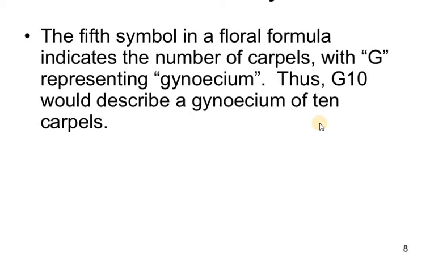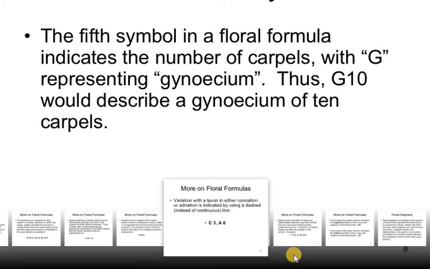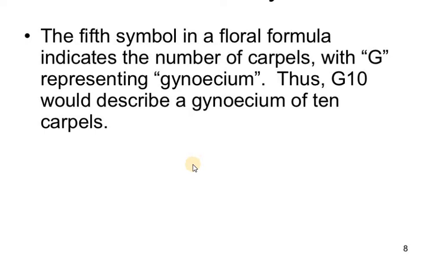If you put a dash below, gynoecium is superior. And if you put a dash at the middle of the G, that represents perigynous, that is half inferior.